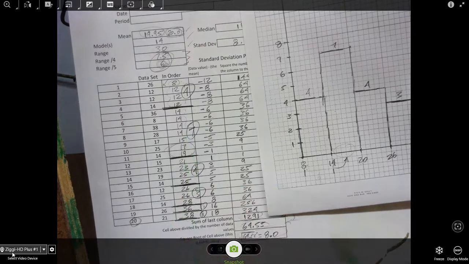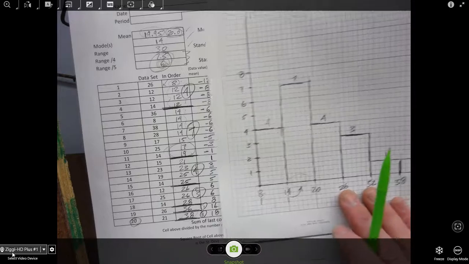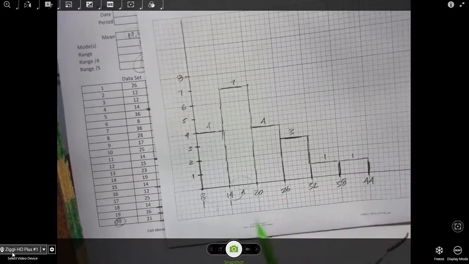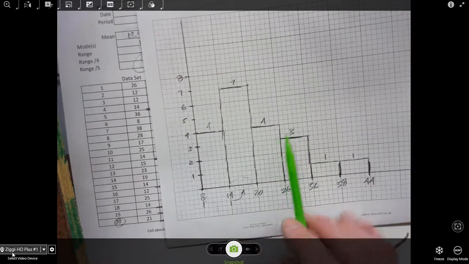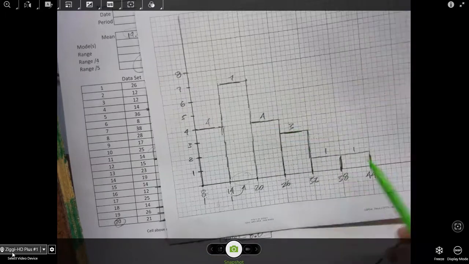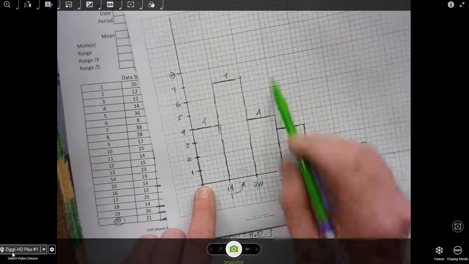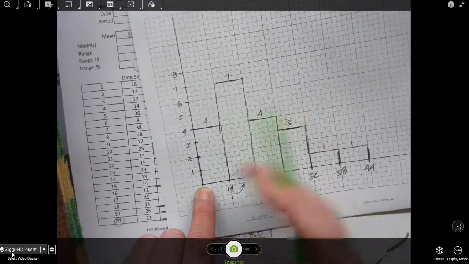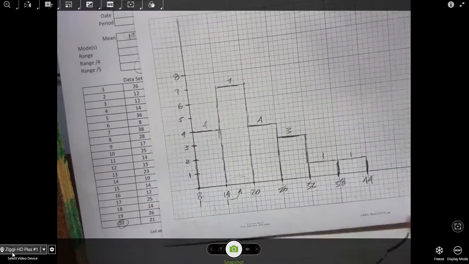And so this is a histogram of our data. I would not call it purely normally distributed because, if it's normal, the peak should be right in the middle of our data. This one's a little skewed. But that doesn't really matter right now. We just have to be able to make the histogram.